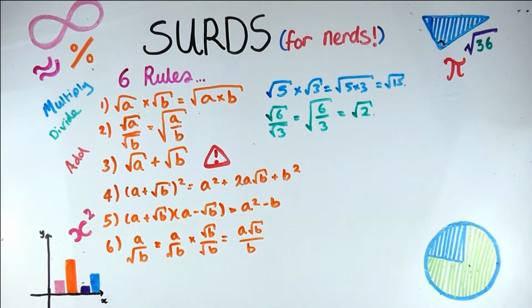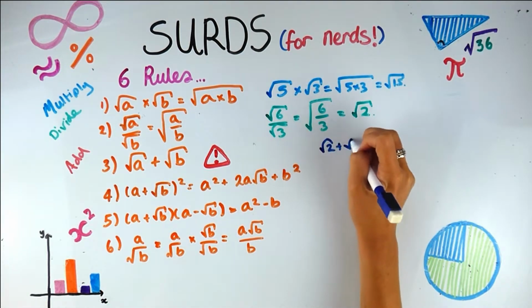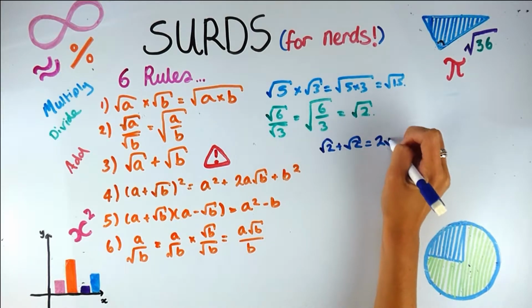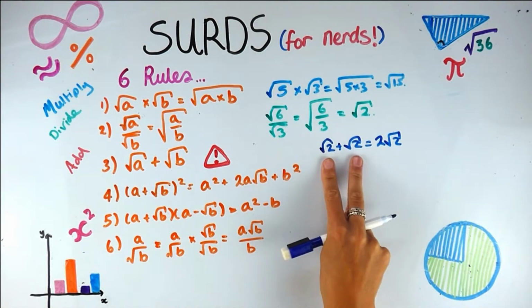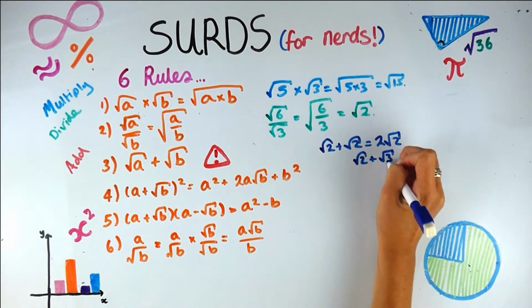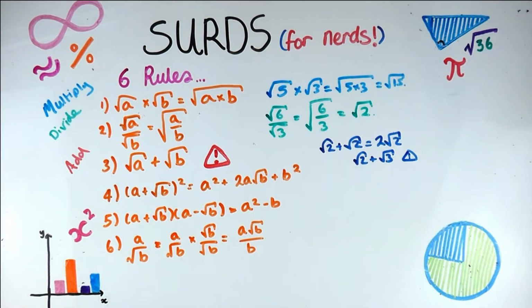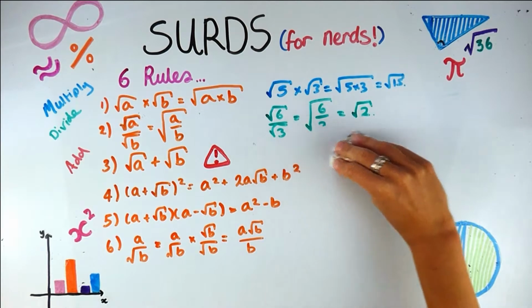If I had roots that were the same, so like root 2 plus root 2, in that case I have 2 root 2 because these 2 are the same, but in this example they're different. So this example is saying root 2 plus root 3. I can't do anything to do that. They're completely different, which is quite nice because it means you don't have to do anything. We like that rule, doing nothing.